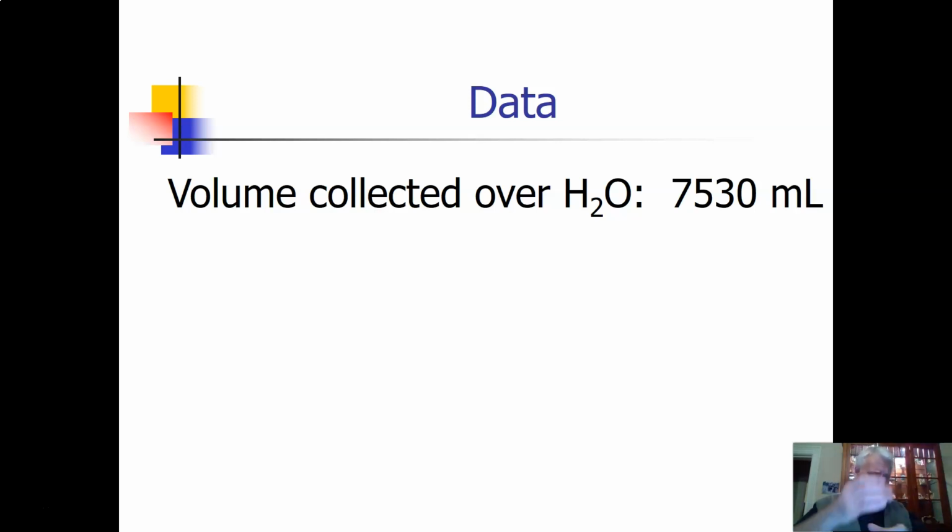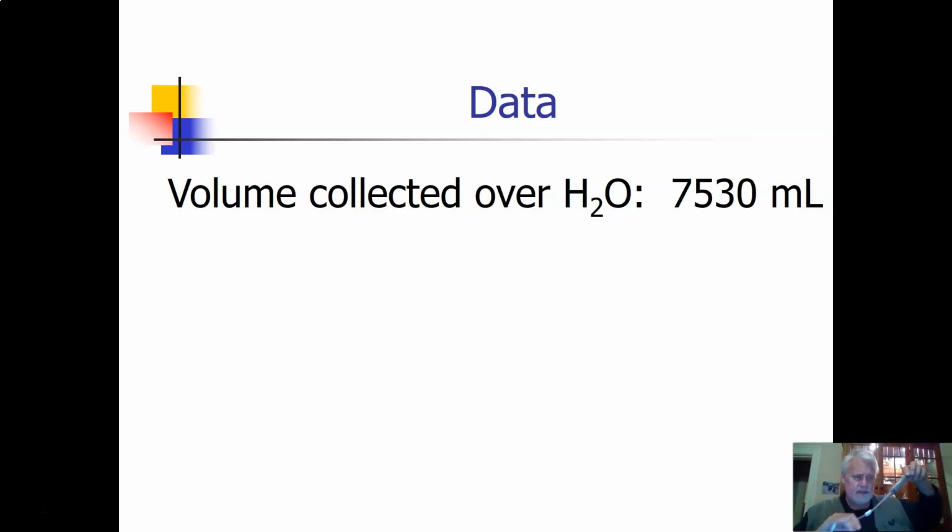In the lab that we do, we have these graduated cylinders that are about that big around and about that high, okay? So they're plenty big, and then we fill them with water, and then we bubble up the butane, and we just put the lighter under there and bubble the butane up.